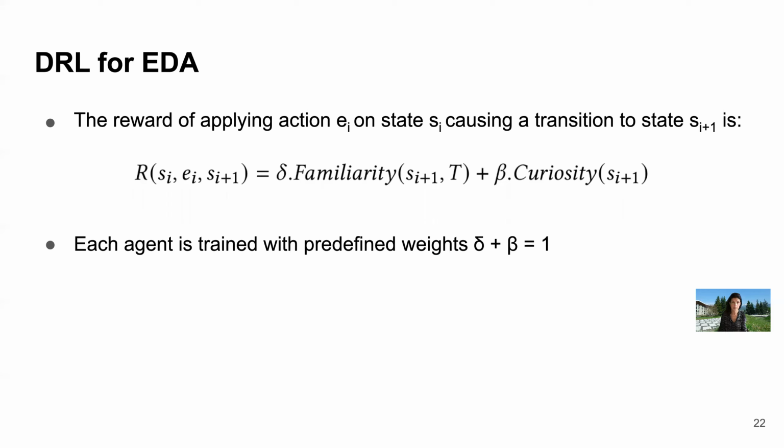So given an input state as I, the application of an operation on that state is going to generate a set of item sets. And we will be rewarding the agent for finding galaxies or item sets that have a certain familiarity with a target set, a known set, or that go and explore in the space based on curiosity.